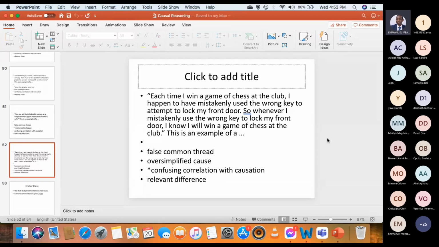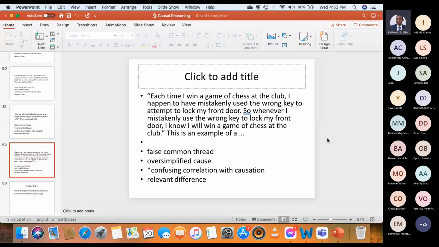But another angle is that the two events always happen at the same time, the same day. So they are correlating. When you see one, you see the other, and maybe the unlocking of the door happens either before he goes to the chess or after he comes from the chess. We don't have information on whether it is before or after.